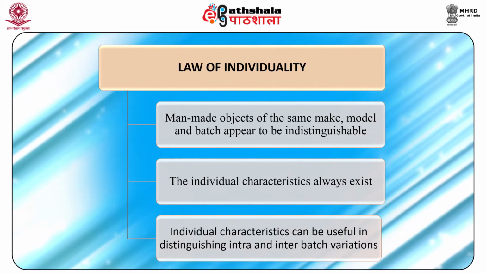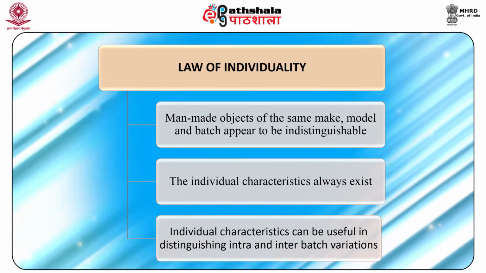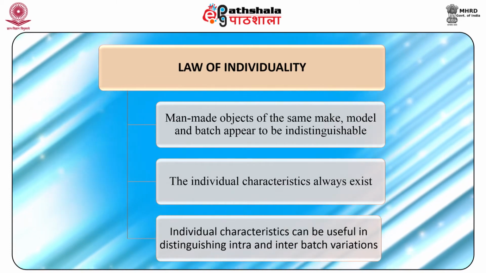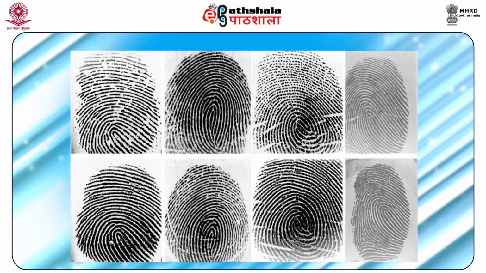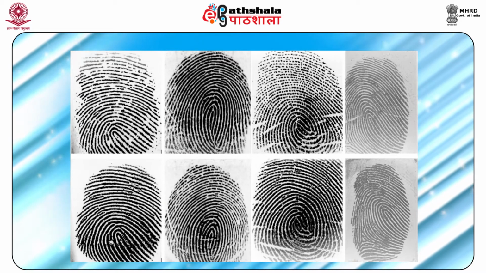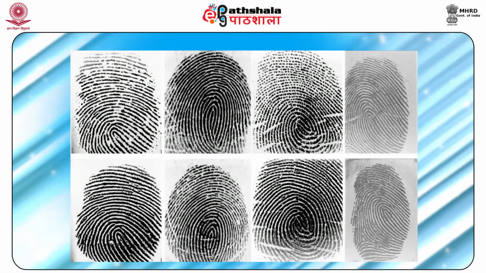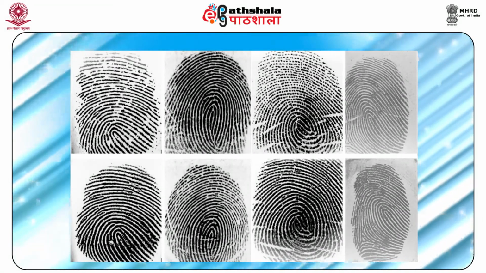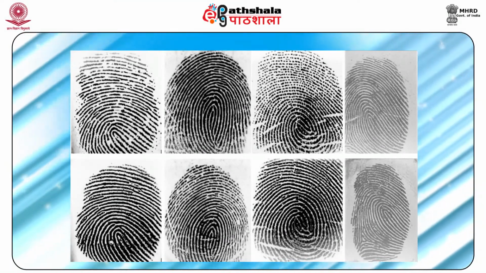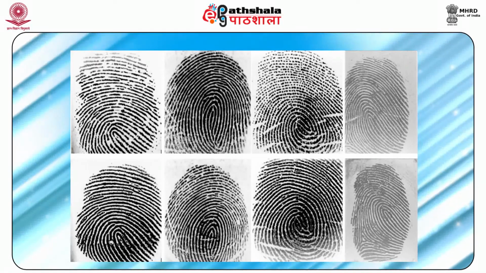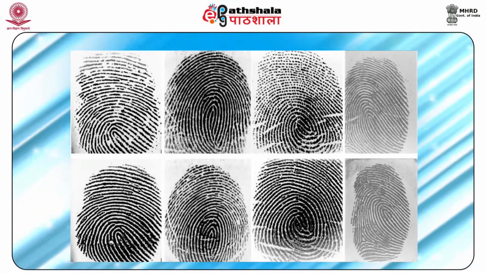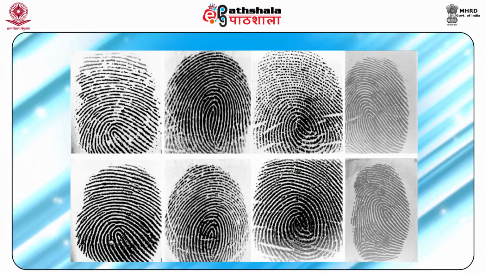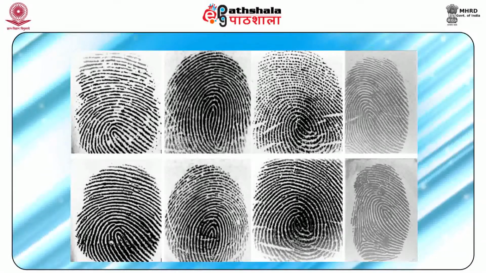These individual characteristics can be useful in distinguishing intra and inter-batch variations. The most extensive work has been carried out on fingerprints. Several fingerprints, up to the order of millions, have been examined, but no two fingerprints, even from two fingers of the same person, have ever been found to be identical.